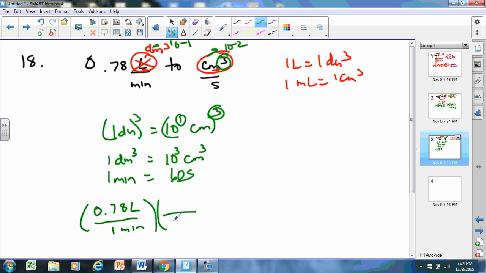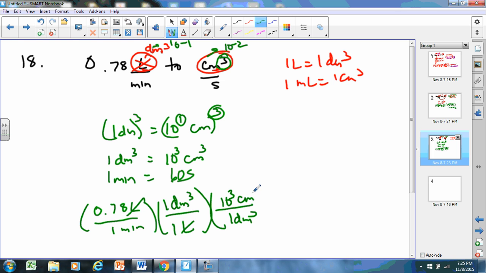And then 1 liter is, I've been taping for too long. I start to get spacey, I'm sorry. 1 liter is a cubic decimeter. That's what makes it a level 4. Now decimeters on the top, so 1 cubic decimeter is 1,000 cubic centimeters.